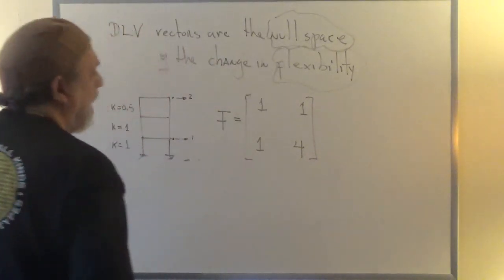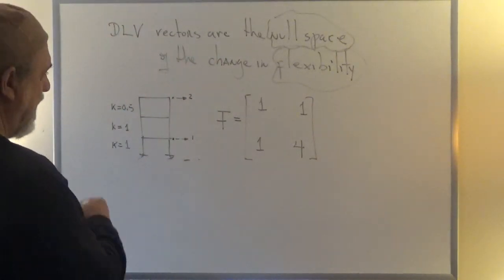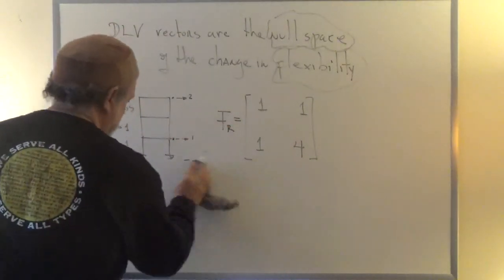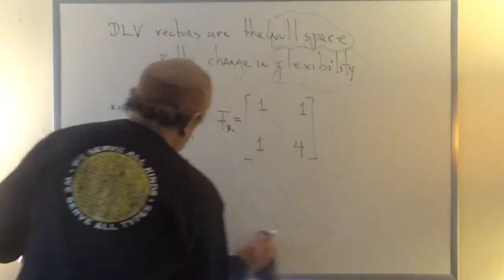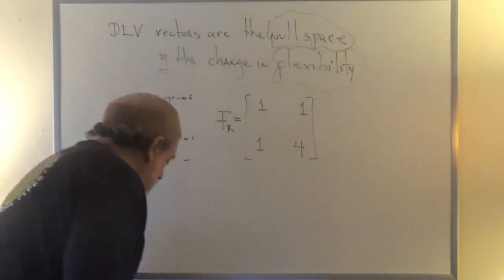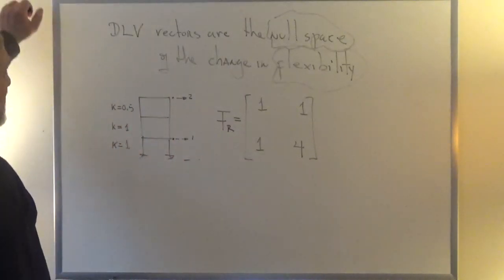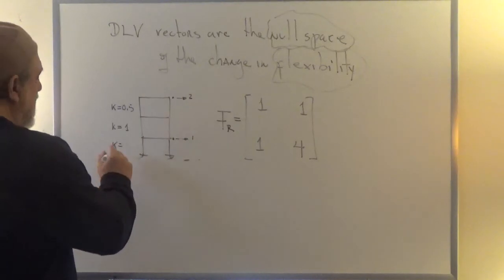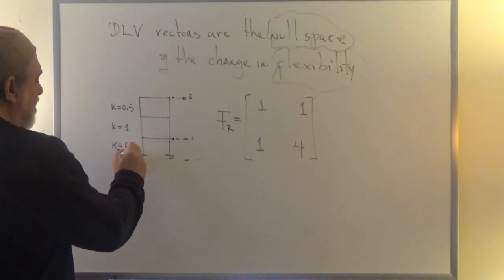Okay, and that's the flexibility in the reference state, which in reality we're going to find from the data using system ID, because we don't know the model, we don't know anything. But we got it. Now let's say that we got damage, and the damage made this thing half.